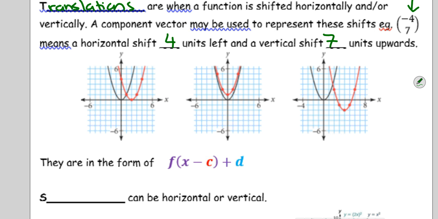Which one is the vertical shift? The plus d. The vertical shift is the old translation, but I'm used to saying shift. What is the c? Horizontal shift. C is the horizontal shift.